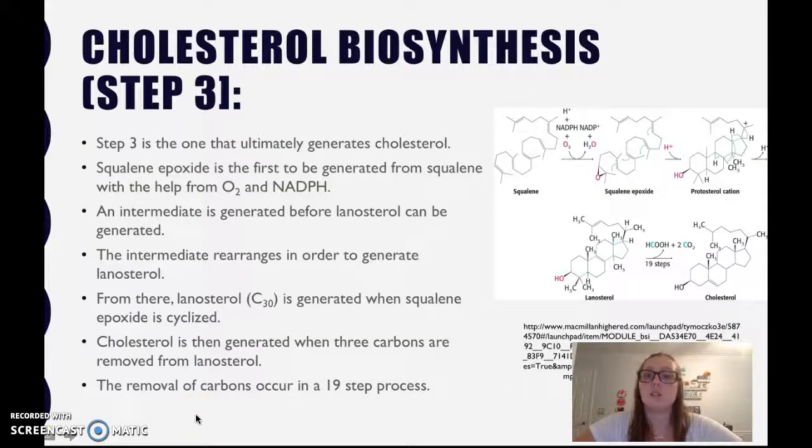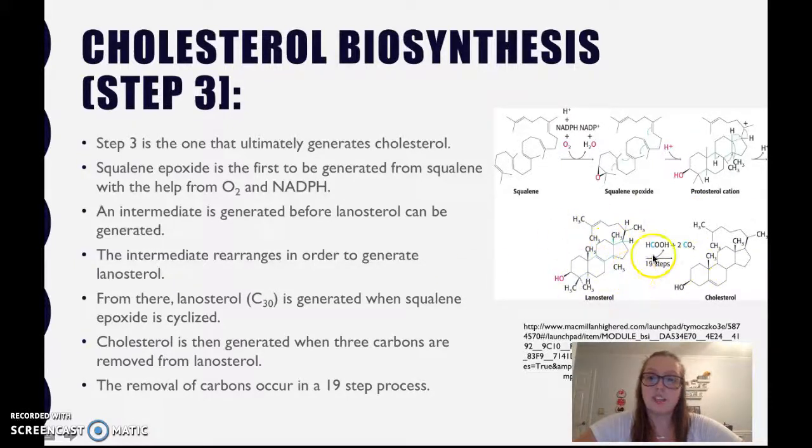Step 3 is the one that ultimately generates cholesterol. Squalene epoxide is the first to be generated from squalene with the help of O2 and NADPH. So you have squalene, and then it goes to squalene epoxide. And then an intermediate is generated before lanosterol can be generated, which you see right here is the intermediate, which then forms lanosterol. The intermediate ultimately rearranges in order to generate the lanosterol, which is right here.